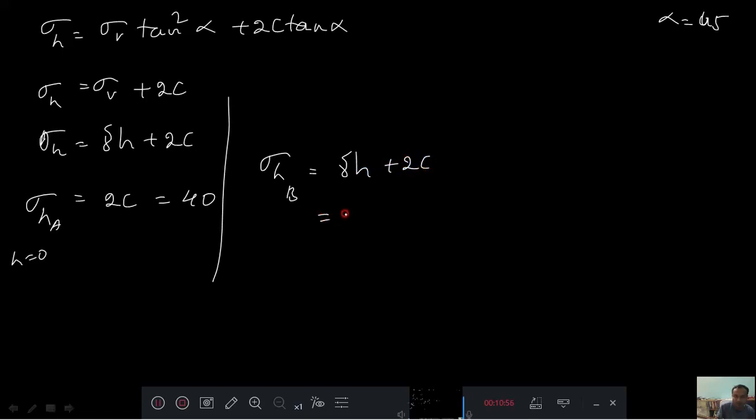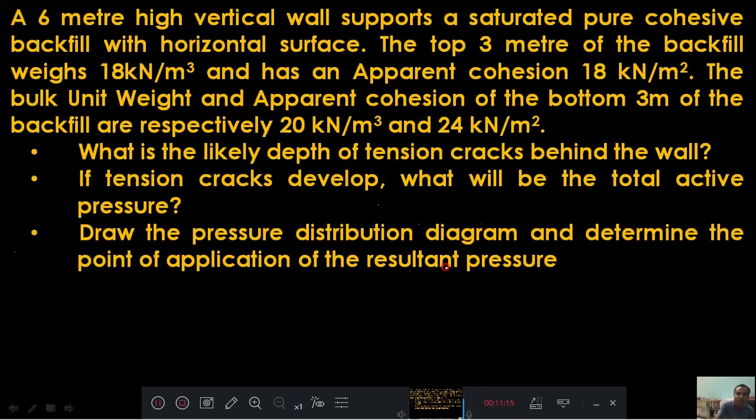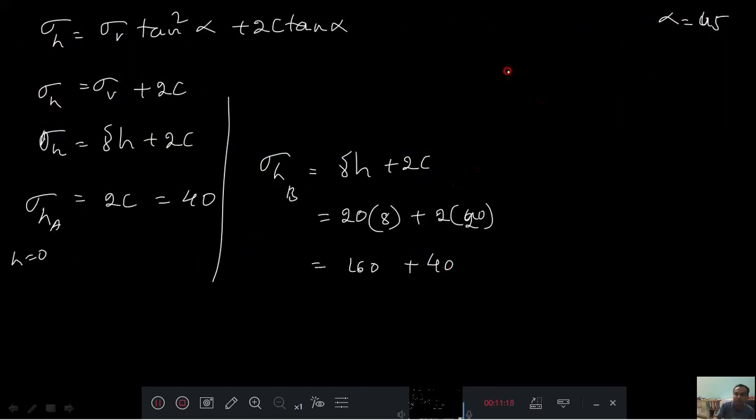Gamma is 20, into h, total height 8 meter, plus 2 into 20, therefore this is 160 plus 40. Then the diagram, I will draw here. This is 8 meter.